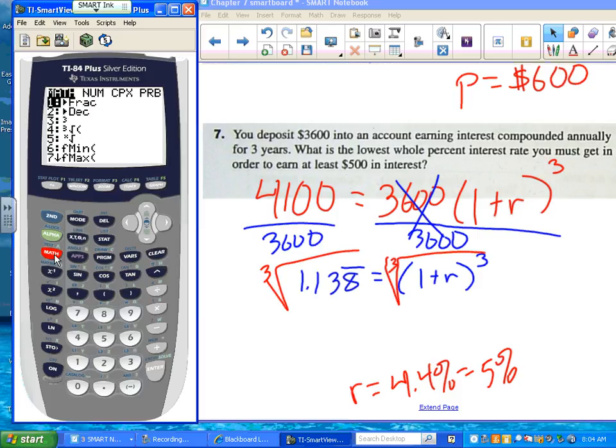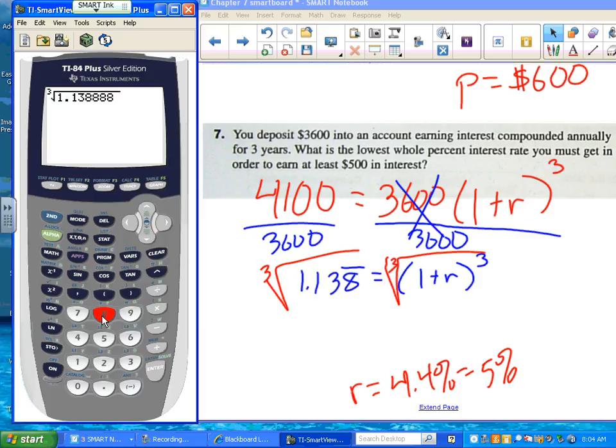So if you type in the cube root, and then type in 1.138, I know technically that 8 is repeating, so I'll put a bunch of 8s in. It's 1.138. Mary, what's wrong?